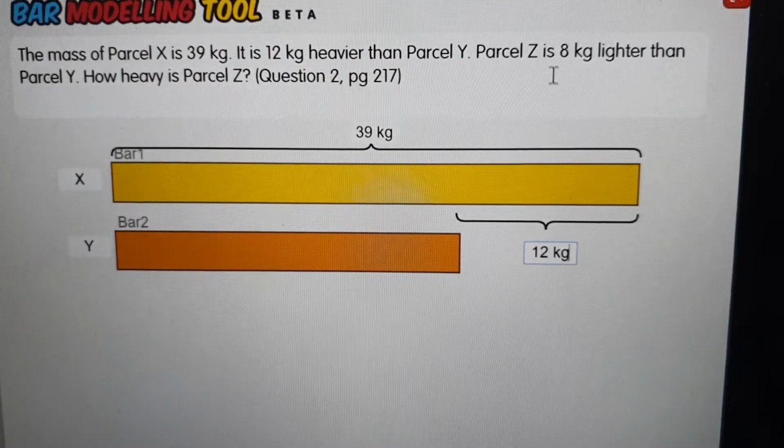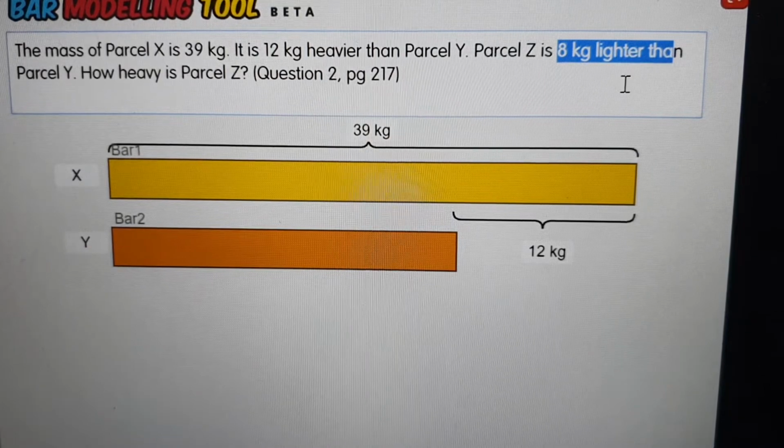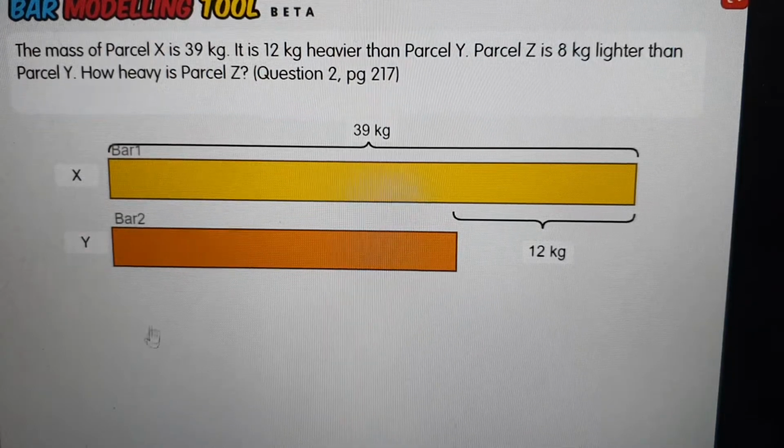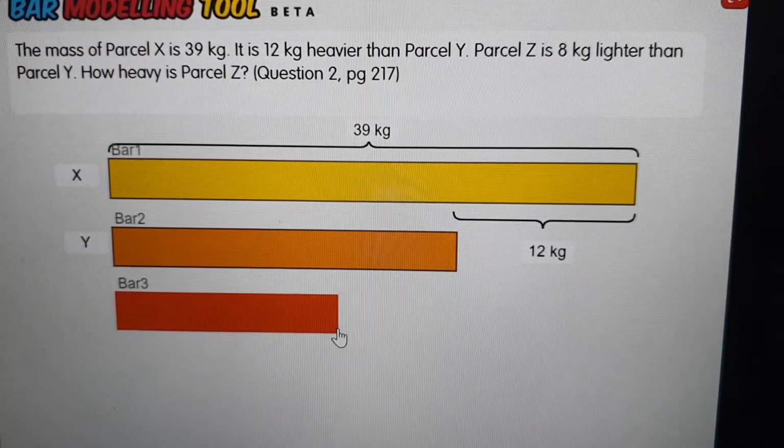And parcel Z is 8 kilograms lighter than parcel Y. So this will already hint to you that parcel Z is going to be shorter than parcel Y. So you're going to draw another bar here that represents parcel Z, and it's going to be shorter than parcel Y. And remember to label your model.